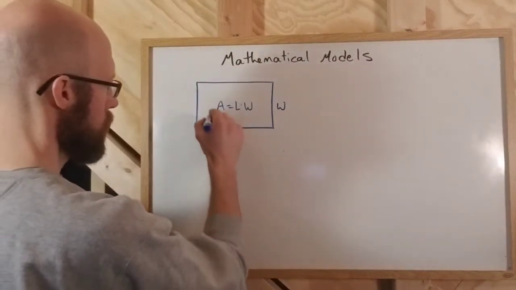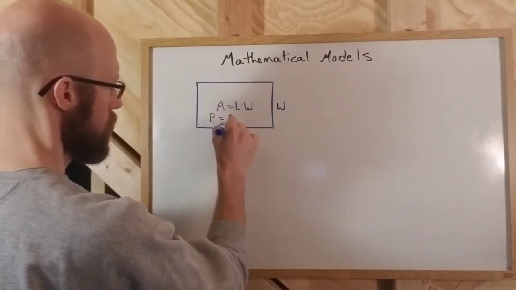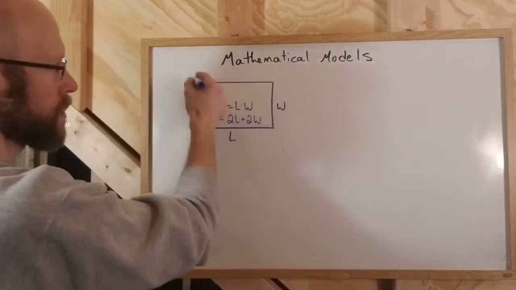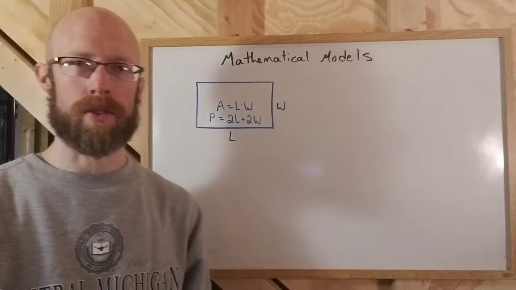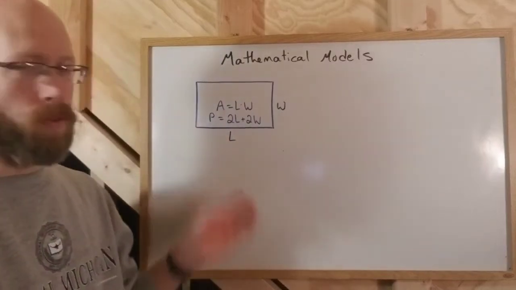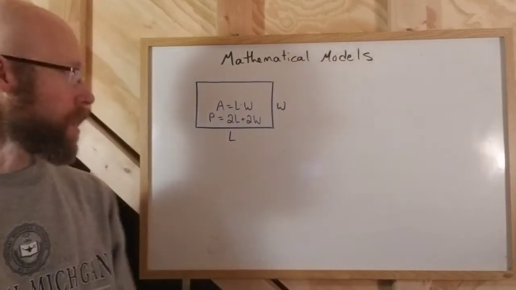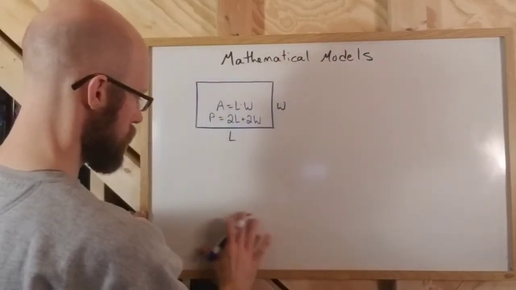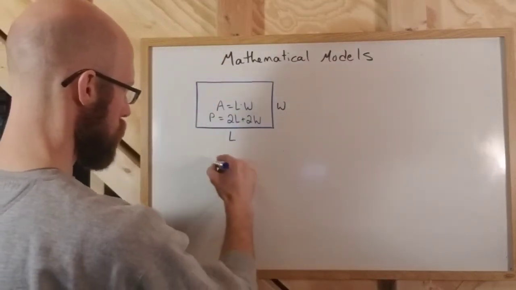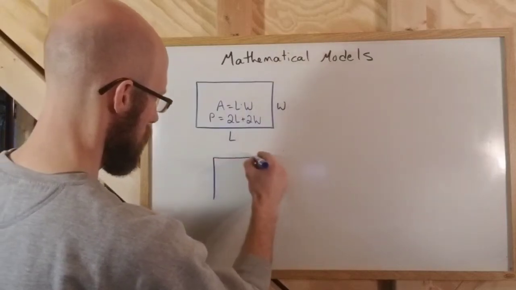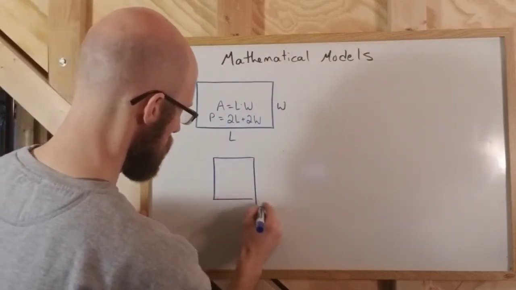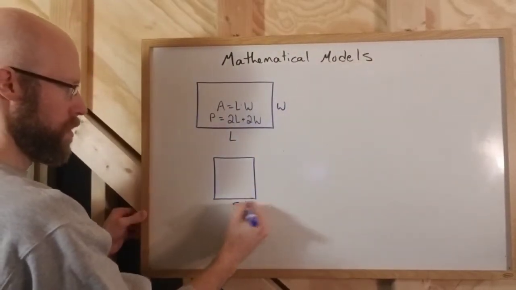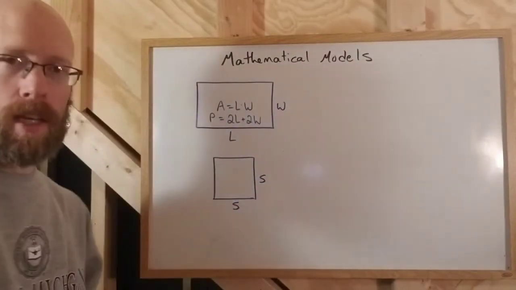The perimeter is 2L plus 2W, so you add up the length, width, length, and width. It gives you 2 L's and 2 W's. And so these two formulas are going to be very important. If you were to apply that same principle to a square, remember, a square is a rectangle just with all four sides being equal.